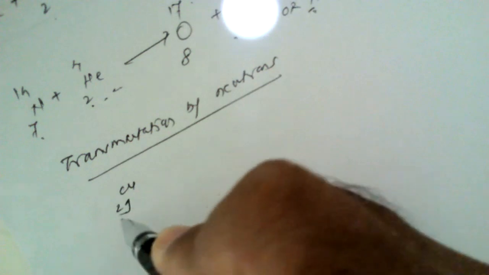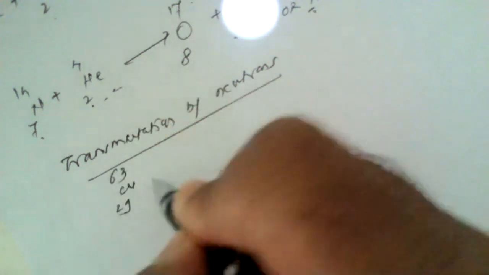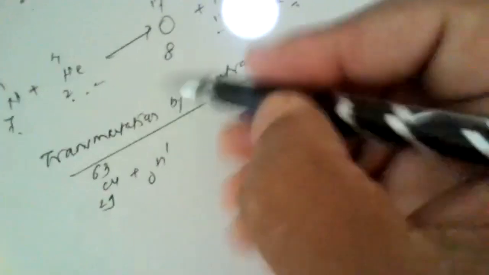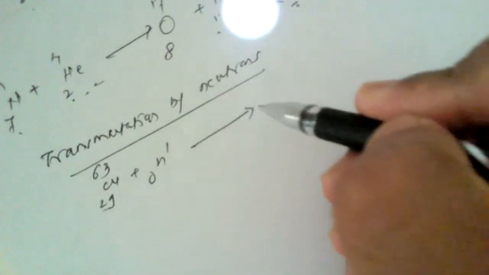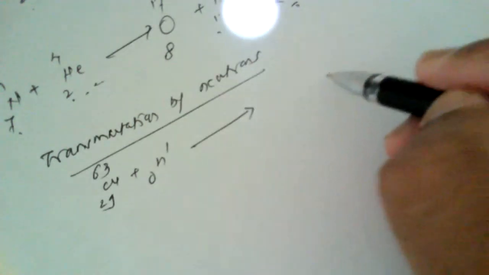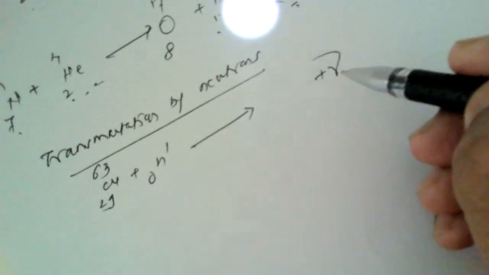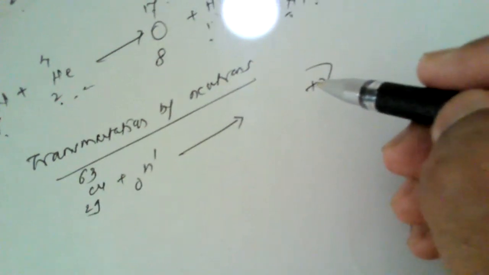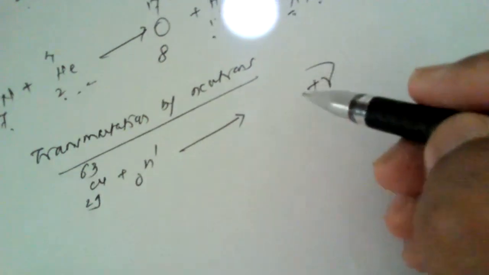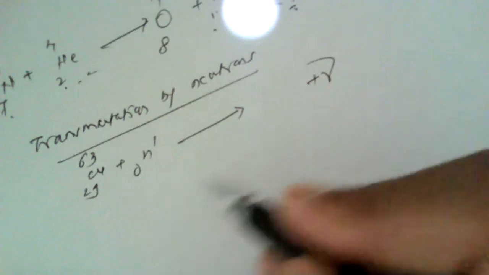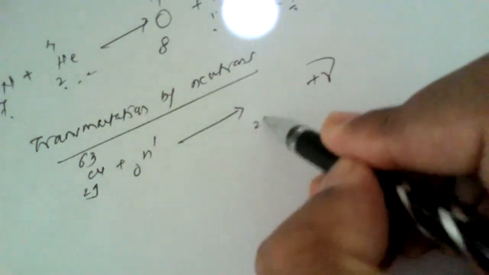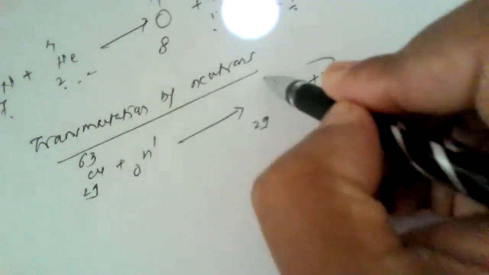For this purpose, we shall take the example of copper, atomic number 29, atomic mass 63. Neutrons are used here as projectiles. You have to write side by side. During this reaction, gamma rays are ejected. If gamma rays are ejected, the product is very simple: 29 as it is, 63 plus 1 is 64.